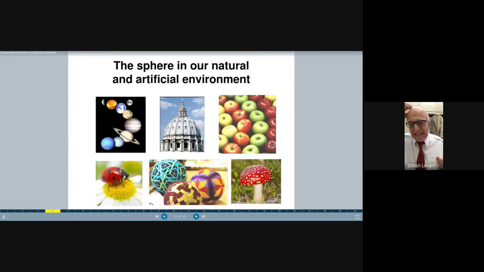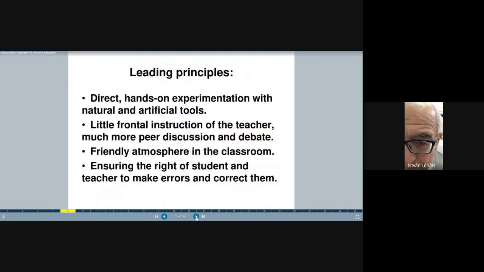It is a little similar to Easter eggs, but it is made on a sphere, so to speak. Or there is that mushroom, and so on. So spherical surfaces occur very often in our environment, and this means that the kids have a lot of natural experience in their everyday life, in their everyday environment, with spherical shapes. Please go up. Go up, please.